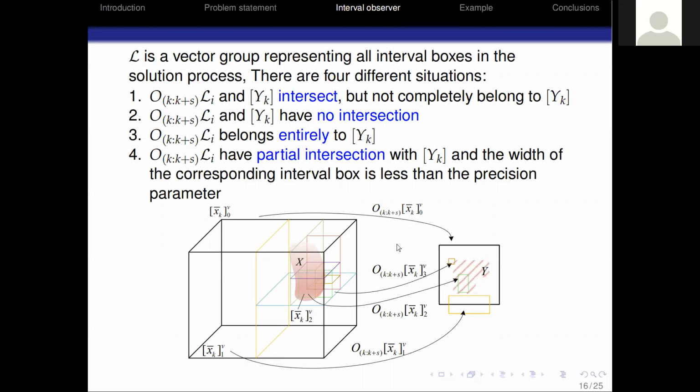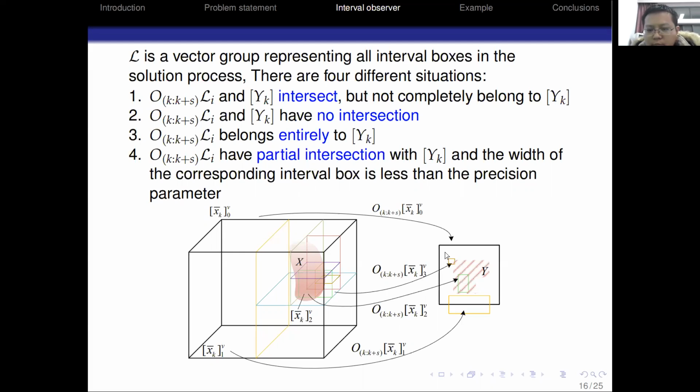In this figure, we explain the difference between them. The first is when the box OXk and Y intersect, but OXk does not belong entirely to Y, such as OX0.